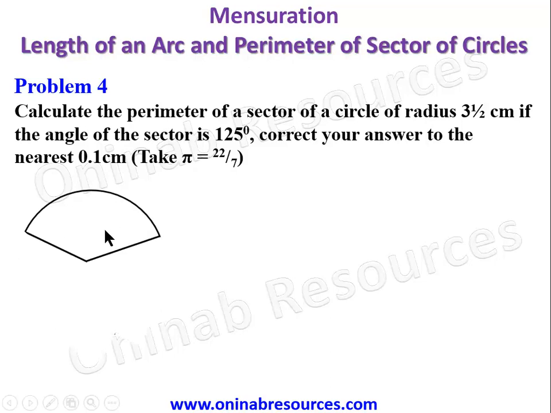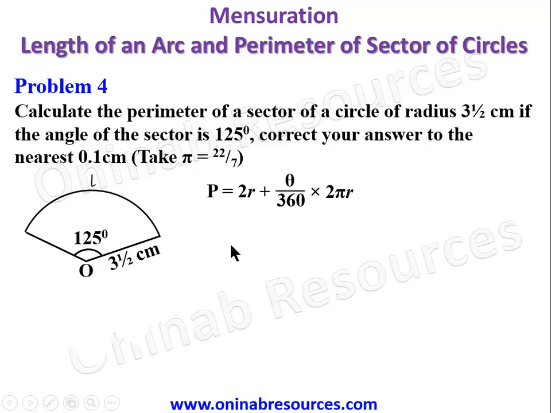From what we have already, this is angle 125 degrees, radius 3.5, and the length of the arc. To calculate the perimeter, we said it is 2r plus theta over 360 times 2 pi r, and our radius is 3.5.